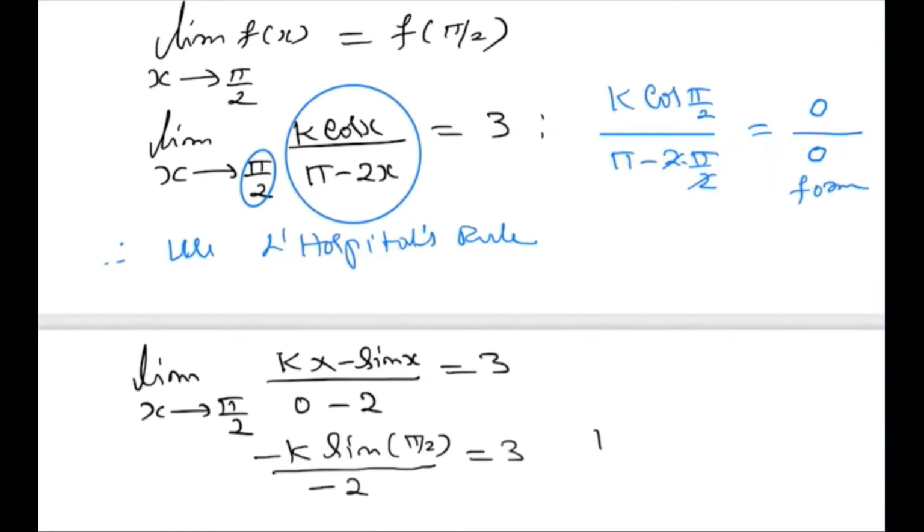So that gives us k upon 2 into 1, sin pi by 2 is 1, equal to 3. So k equal to 6. You are not supposed to use this method in the theory exams. This is only for MCQ or any entrance test.